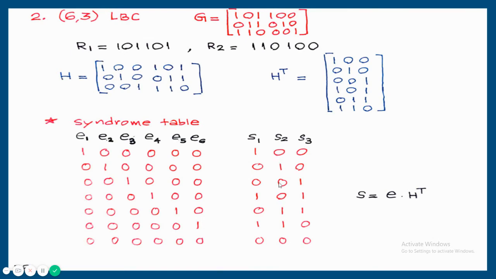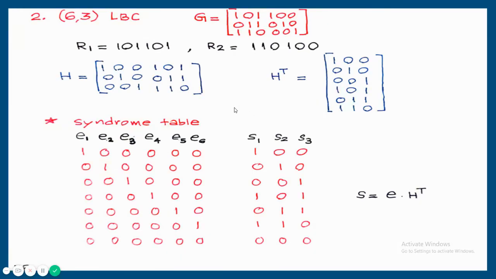So like this, syndrome can be determined by multiplying E into H transpose. So it's an easy procedure. There is no multiplication needed. Write the same H transpose here. And the last row will be 000, because E is equal to 0, so the product will be 0.